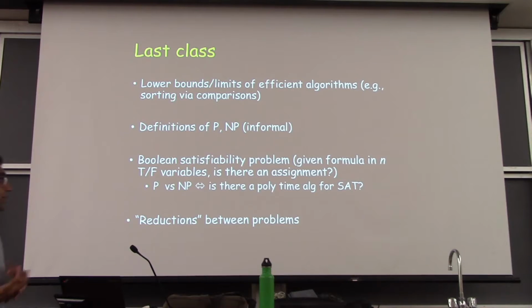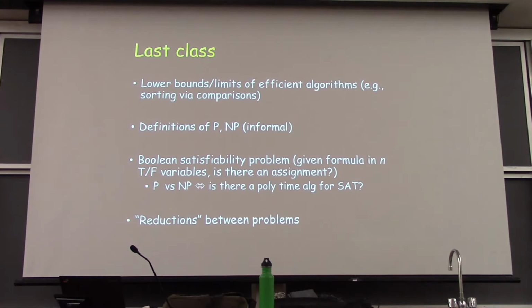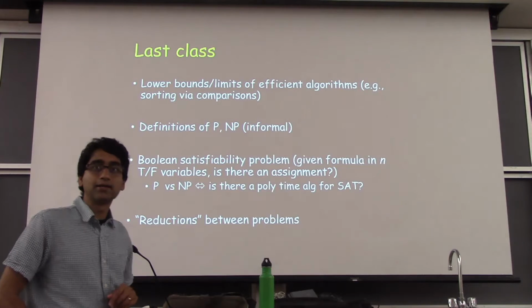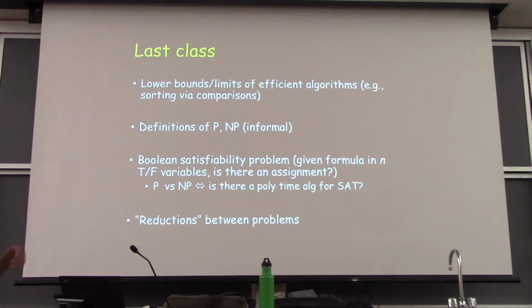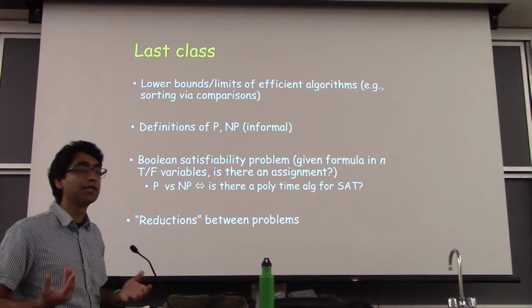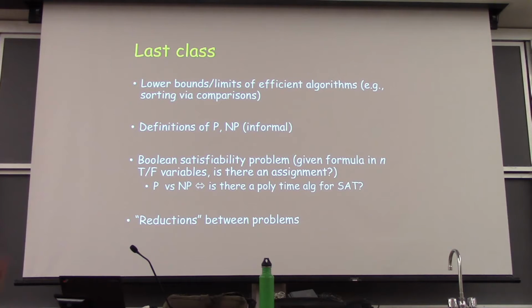That's the Boolean satisfiability problem. If you remember, the trivial algorithm takes 2 to the n time. One of the big open questions, which is a way of phrasing P versus NP, is whether there is a polynomial time algorithm for this satisfiability problem. This is what we saw last time.